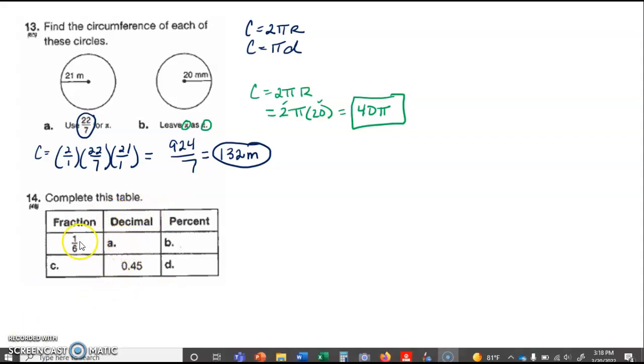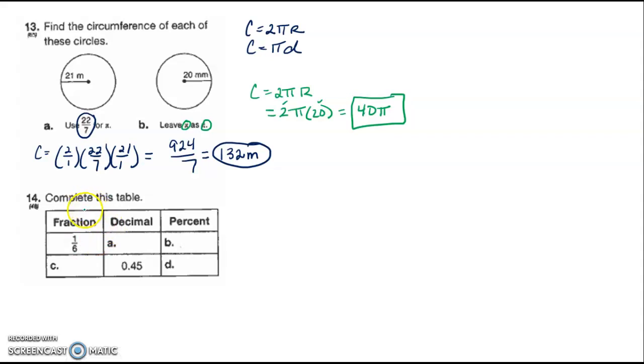Okay, so on decimal, I know if I go from fraction to decimal, I divide. From decimal to percent, I multiply by 100. Percent to decimal, I divide by 100. And then decimal to fraction is place value. So 1 divided by 6 is going to be 0.16 repeating, times 100 is 16.6 repeating percent, or something to that effect.